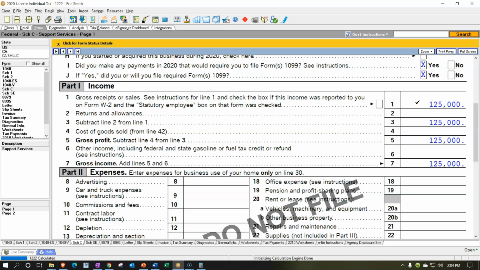So the government would be receiving the 1099 with the full sales price, and if you didn't put an income line that's at least equivalent or greater than the amount being reported to the government as revenue, then the IRS is going to say, hey, you didn't report everything that we got on the 1099.